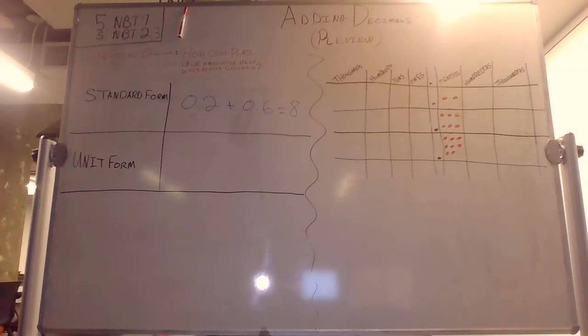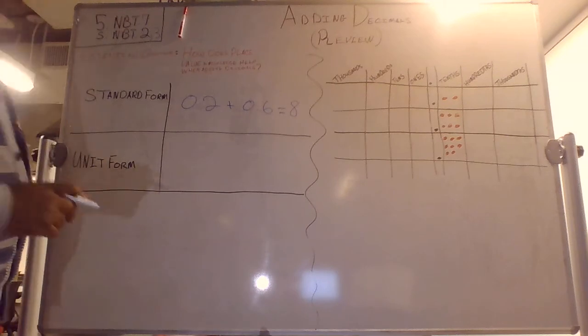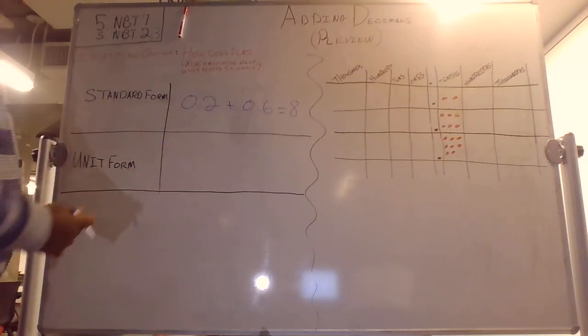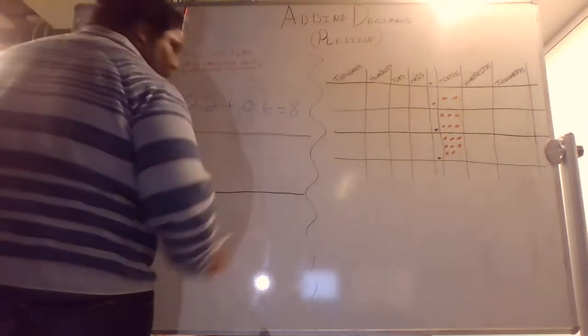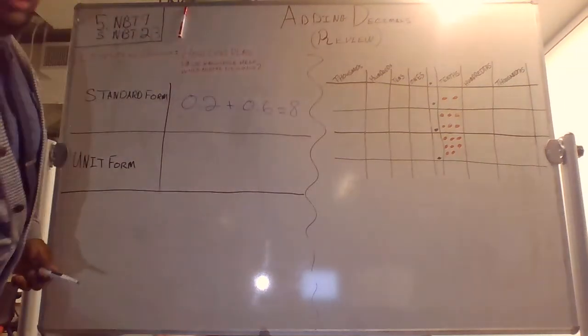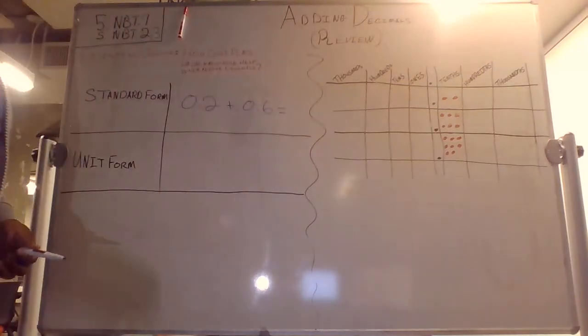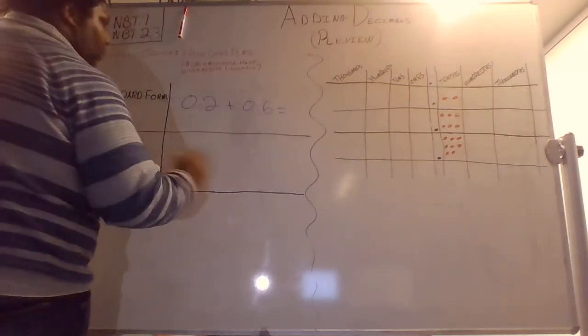No, it's not just 8 because we have to carry our units. That's correct. And we see that best if we skip down to unit form, where we can actually write these out again.